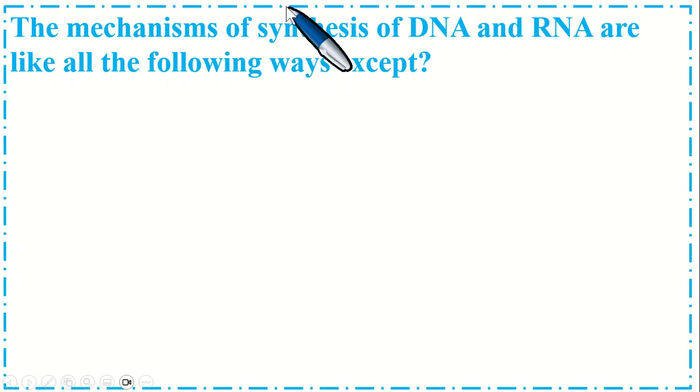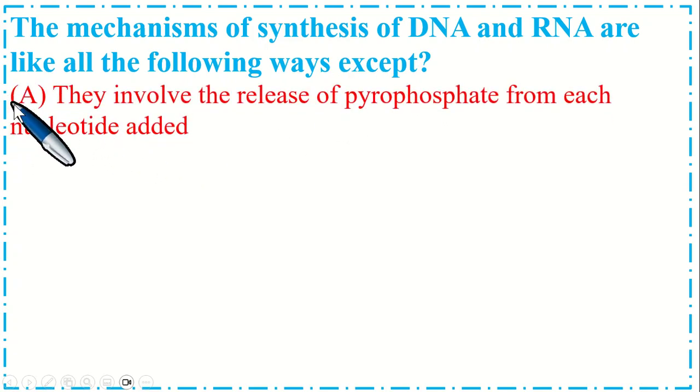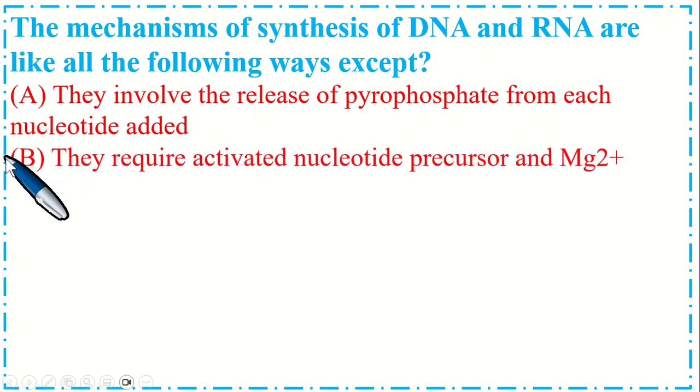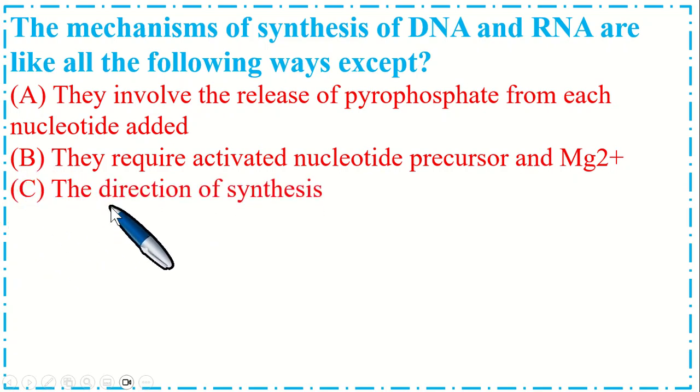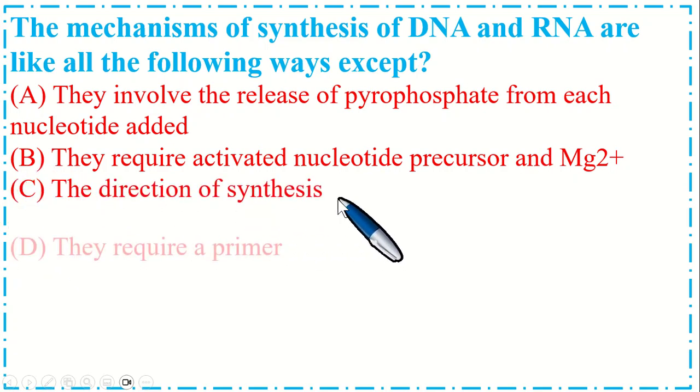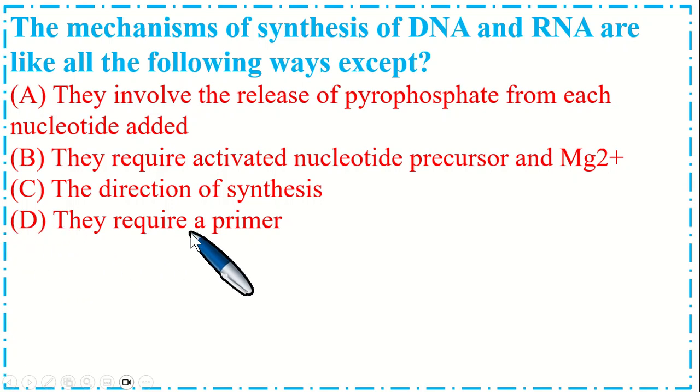The mechanisms of synthesis of DNA and RNA are alike in all of the following ways except: option A, they involve the release of pyrophosphate from each nucleotide added; B, they require activated nucleotide precursors and magnesium; option C, the direction of synthesis; and option D, they require a primer.